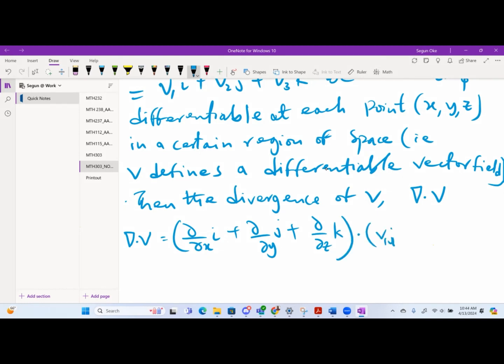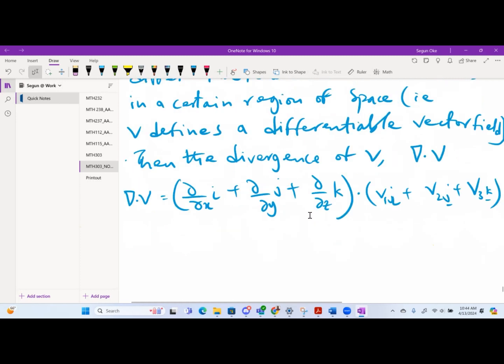So we can now have them together. Remember, i dot i will be 1. So definitely in divergence, the components will not appear again.